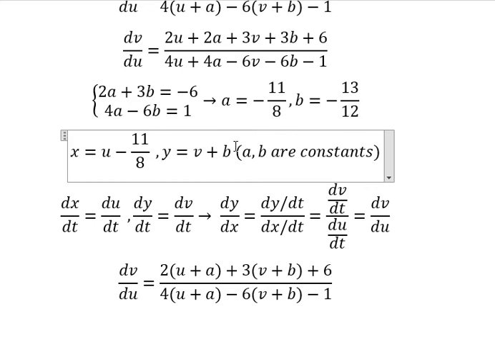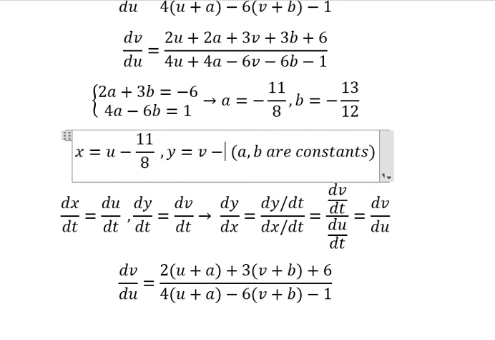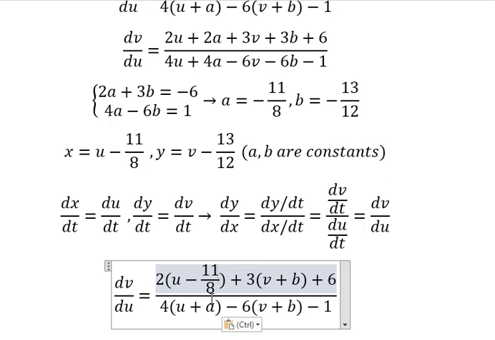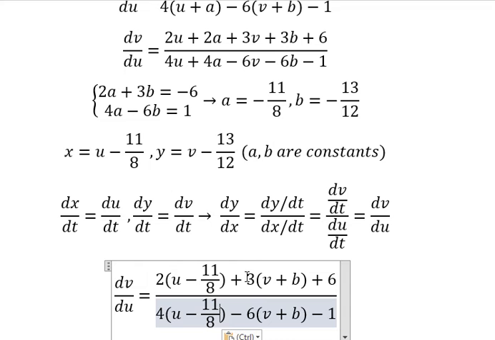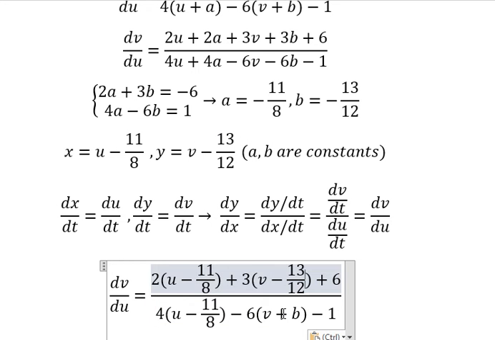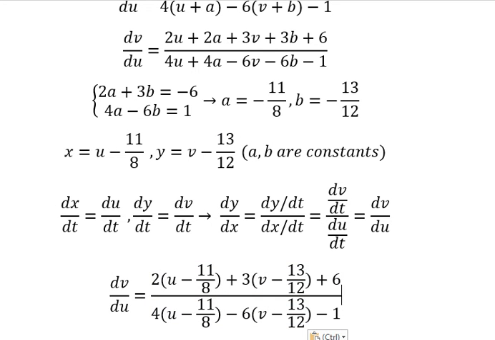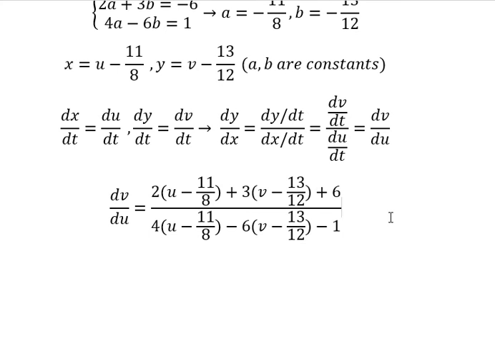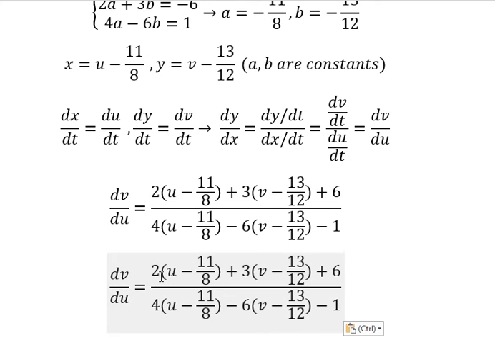B, that is this one. So we put this one go in here, and this one go in here. So if we simplify everything, we just have only like this.